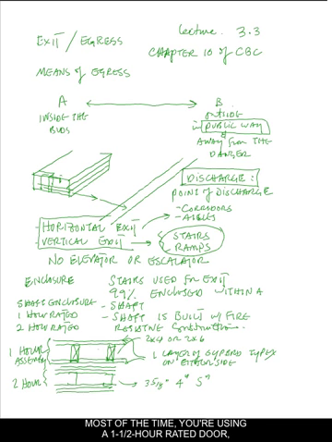Most of the time you're using a 1.5 hour rated door, which is metal frame, and withstands the fire. And for the 1 hour you utilize the 1 hour metal door, and the only thing that can have wood on it is a 20-minute door, which is your solid core wood door.